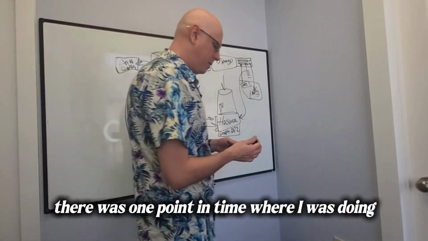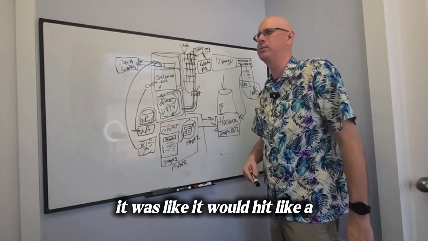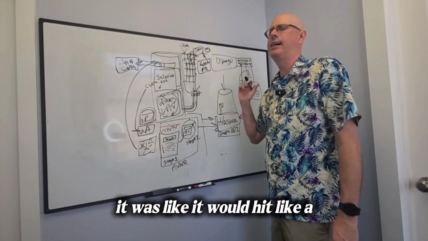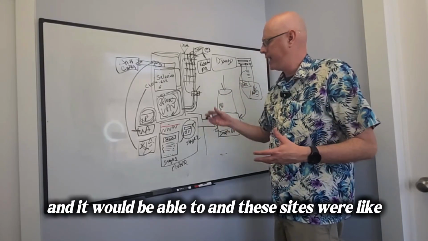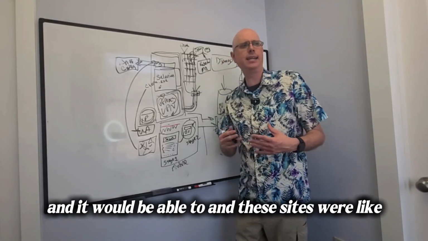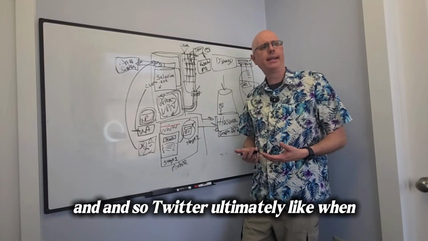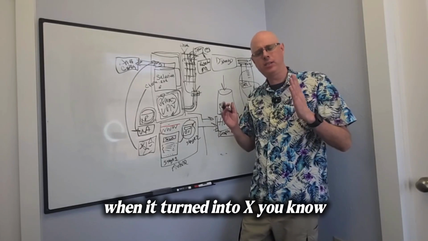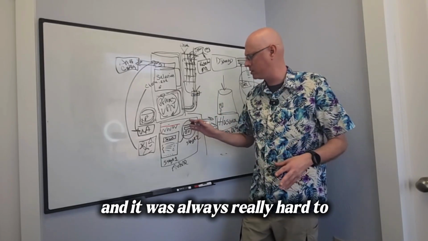There was one point in time where I made this thing that would hit popular sites like Twitter and Reddit, which were being heavily scraped. Twitter, when it turned into X, really locked down a lot of things, and it was always really hard to do anything with Twitter.